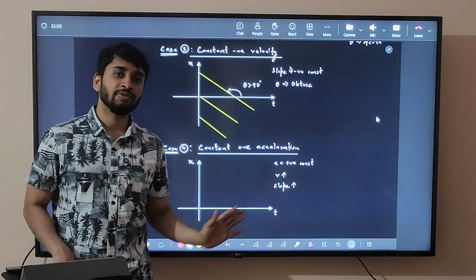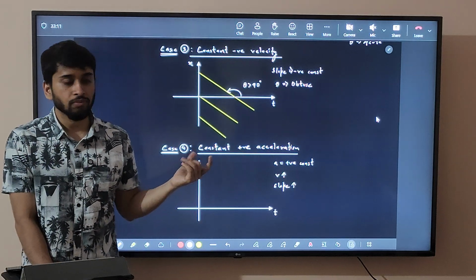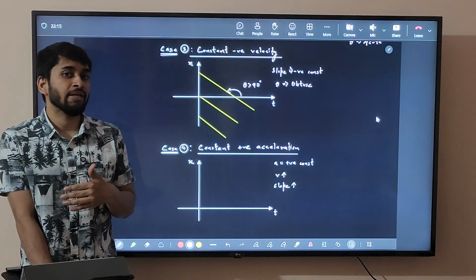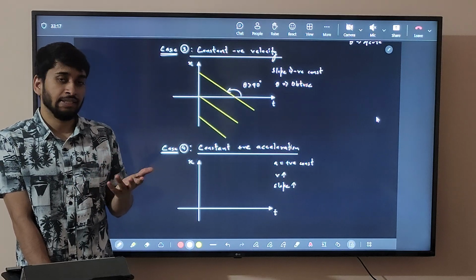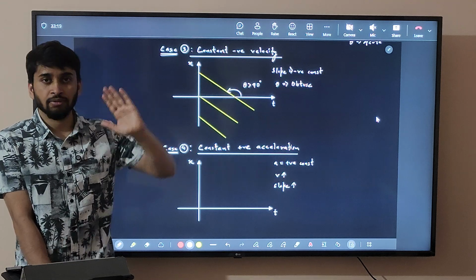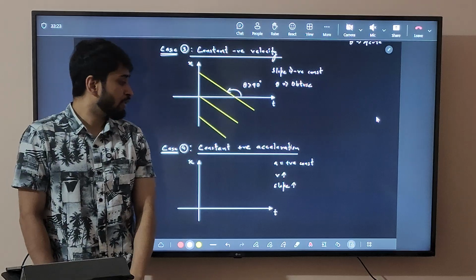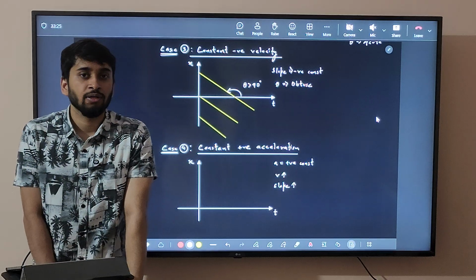So it will be a graph with an increasing slope. If the acceleration is constant, the velocity will be increasing at a constant rate. So here the slope should increase at a constant rate.